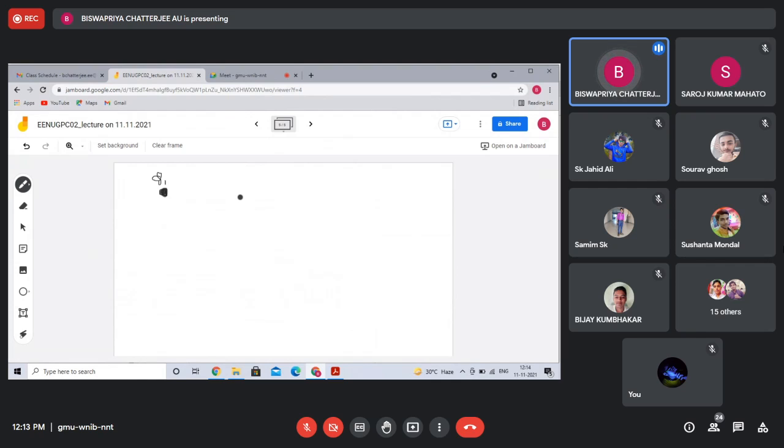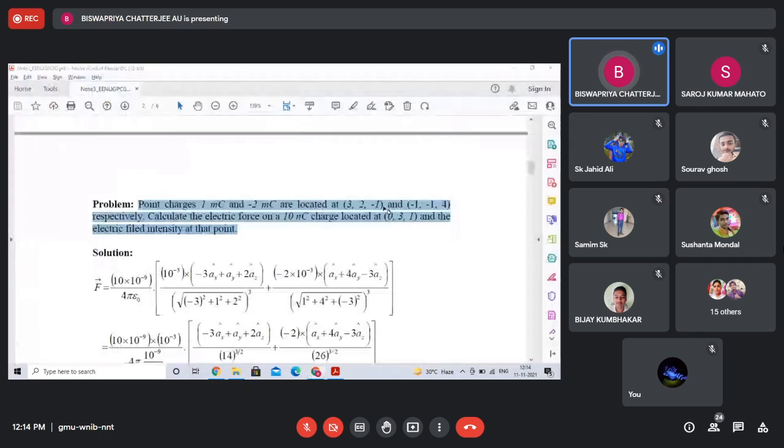It is located at 3, 2, minus 1. And the second, Q2, its position is minus 1, minus 1, 4.